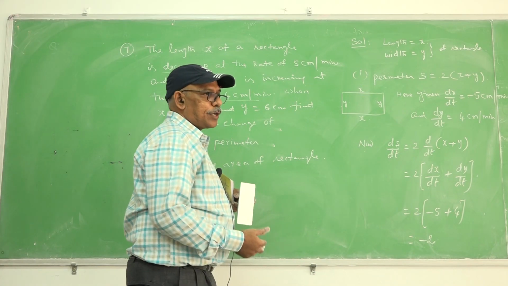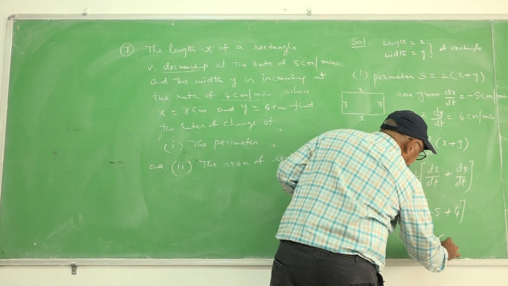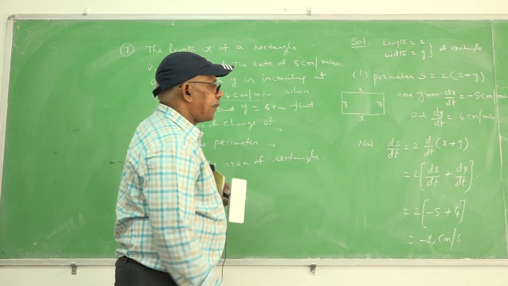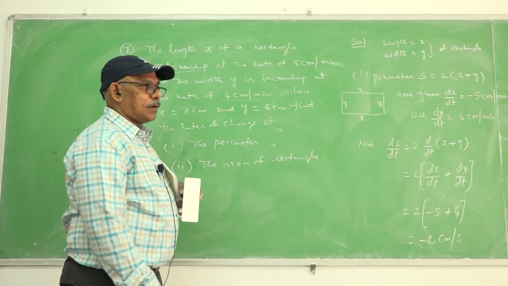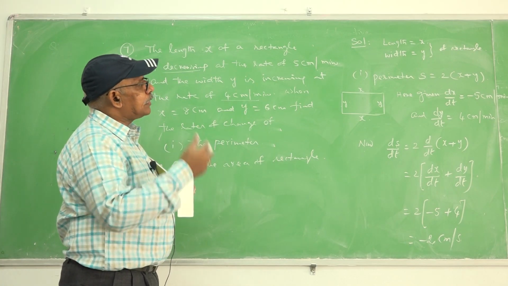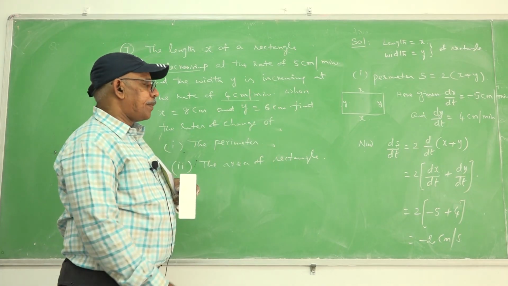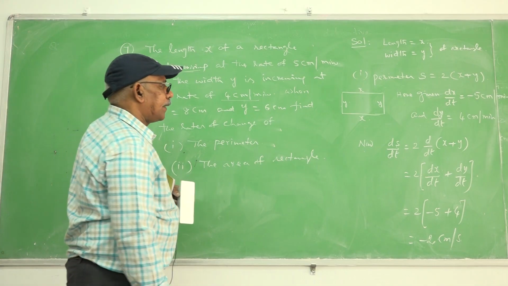Since it is the rate of change in the perimeter, and perimeter is a length itself, the unit is centimeters per minute. Because the perimeter is length itself, the rate of change in the perimeter of the rectangle, once the length is decreasing and the width is increasing with the given measurements, ds by dt is minus 2 centimeters per minute.